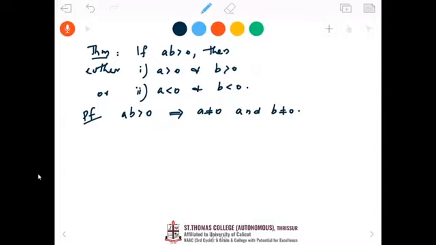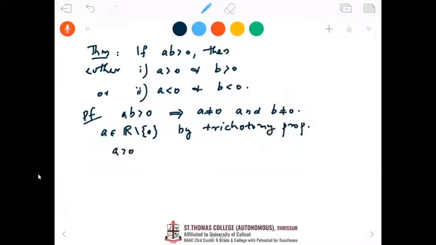Now I am considering A. We know that A is a real number and now A is not equal to 0. Then by the trichotomy property we can say that A has two chances. What are they? Either A greater than 0 or A less than 0.